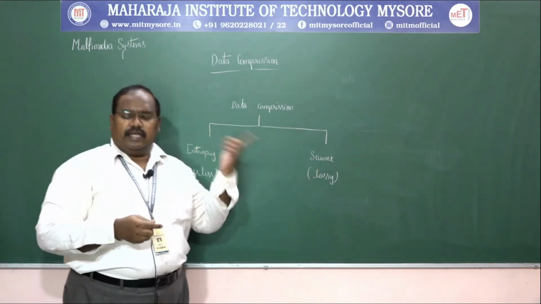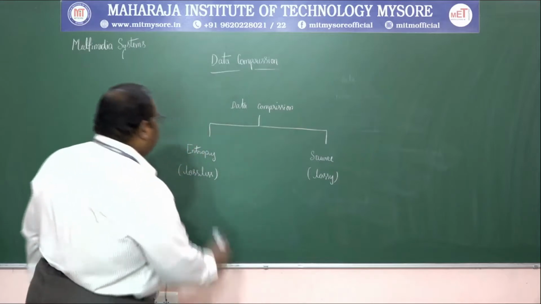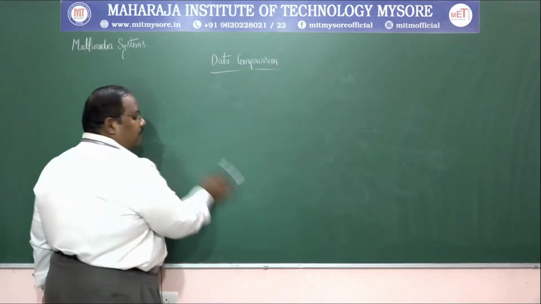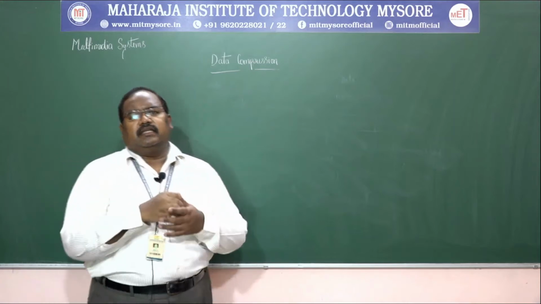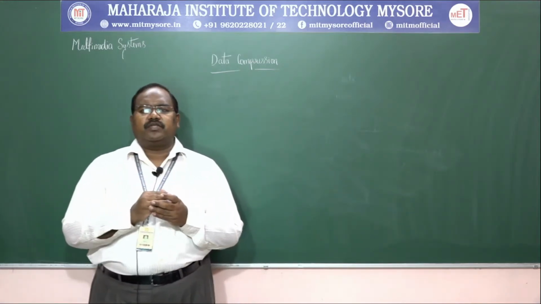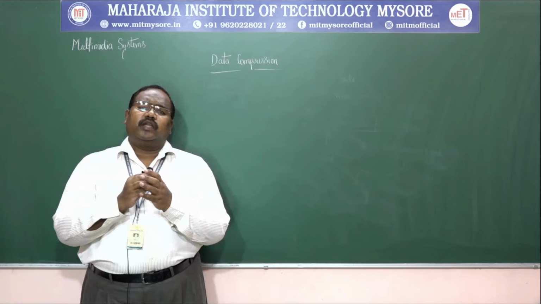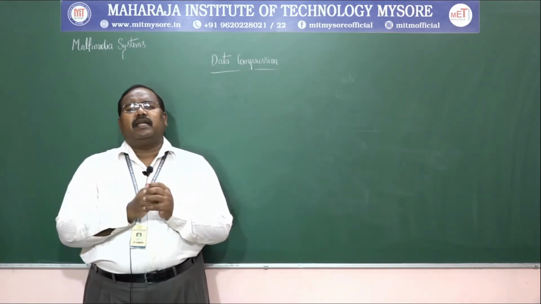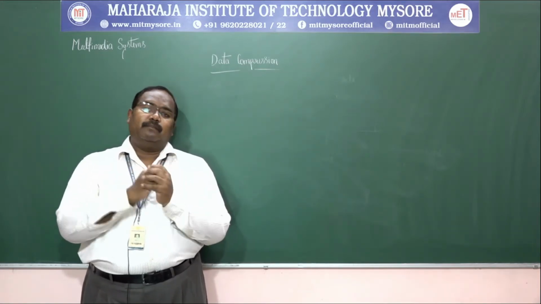Now let us go in detail. As discussed, entropy coding is a lossless compression process, while the source coding is totally a lossy compression. The most common multimedia systems use hybrid techniques.